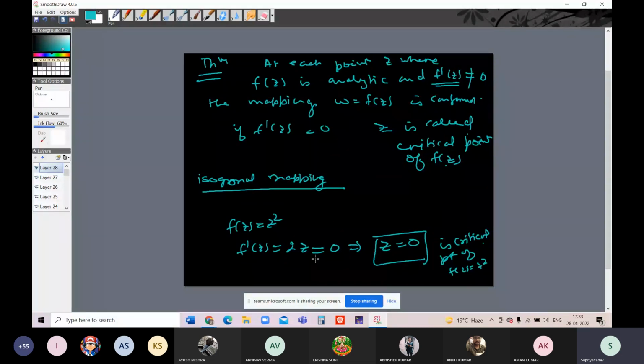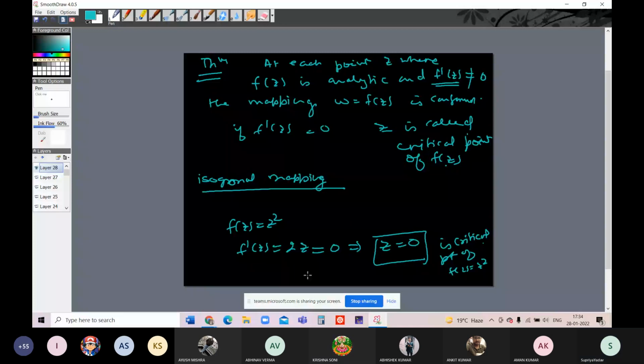Okay, and one more topic related to it is what will be the angle of rotation at a particular point z naught under any mapping, and also its scale factor.